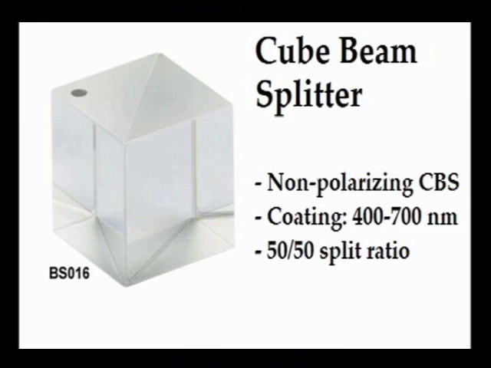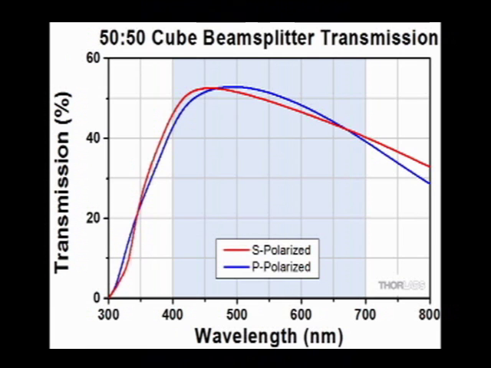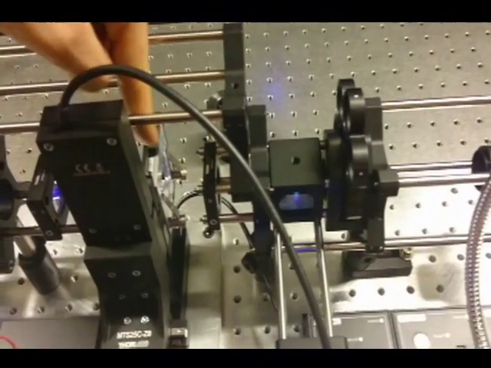Then the light crosses the beam splitter. It's a cube beam splitter to avoid ghosting effects. And here is the characterization of this 50-50 beam splitter.